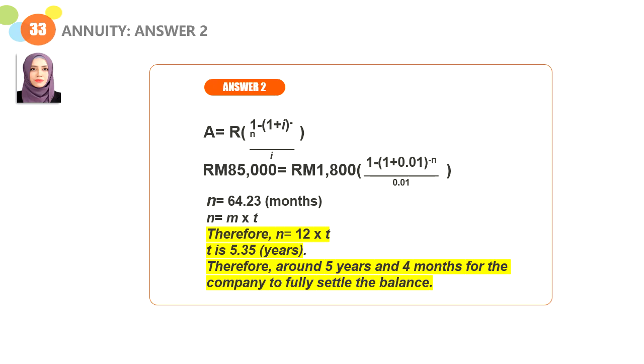So we compute the figures and it brings us t equals 5.35 years. Therefore, around 5 years and 4 months for the company to fully settle the balance.